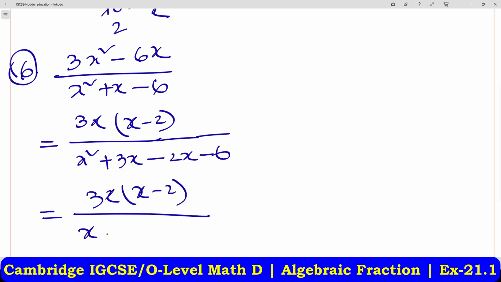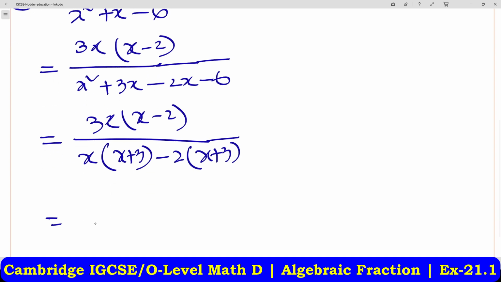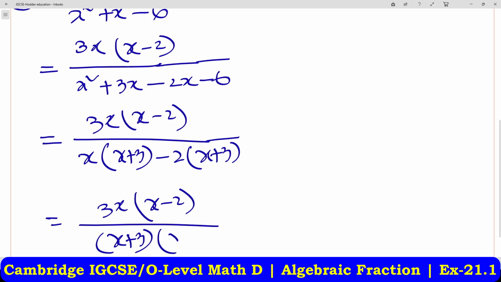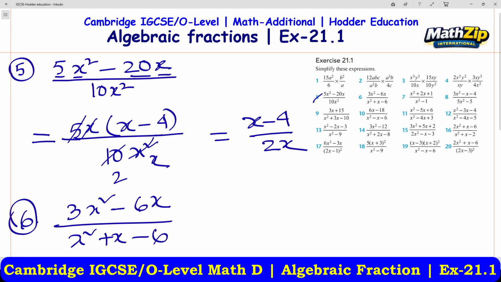We can take common x, so x + 3. We can take common −2, so x + 3, right? And finally, we can take common 3x, x − 2, and here is a x + 3, and here is a x − 2. So we can divide this x − 2. Our answer is what? 3x ÷ (x + 3). So number 6 done.